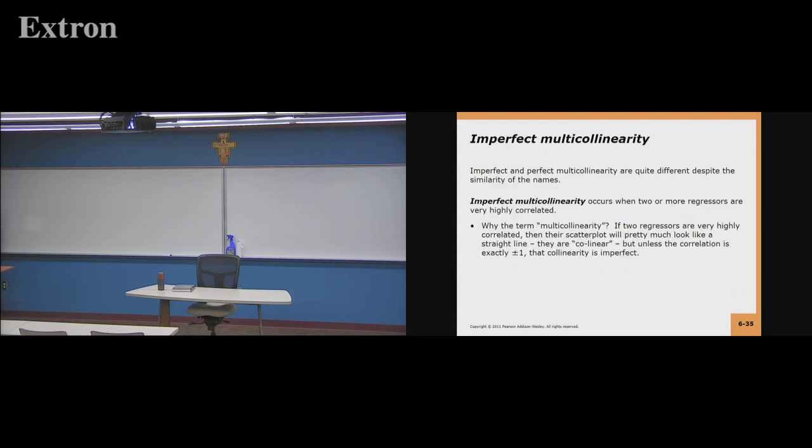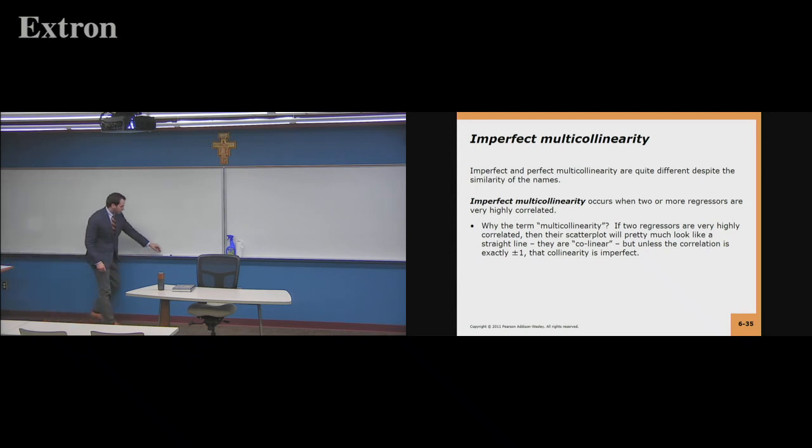Like I said earlier, imperfect multicollinearity is something we encounter a lot more, and it's more difficult to test to see if it's present. So the relationship isn't perfect between two variables.